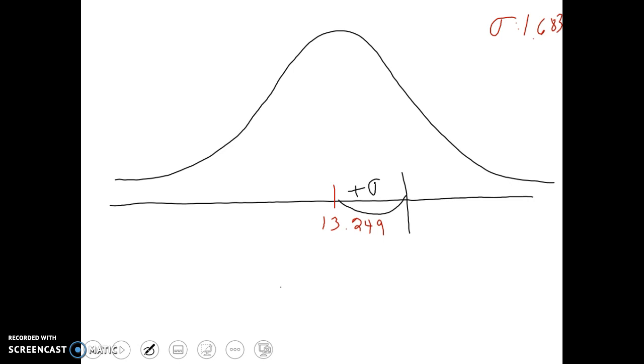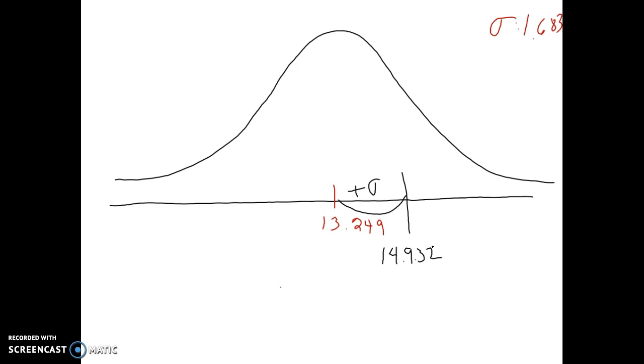So if I add 1.683 in my calculator, 13.249 plus 1.683, we get 14.932. Okay, so 14.932 is 1 standard deviation above the mean.